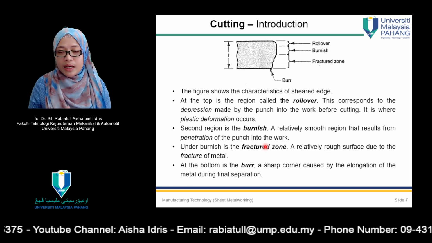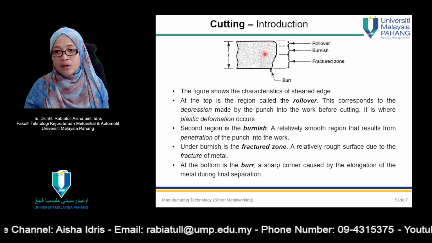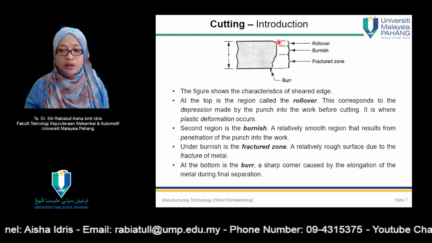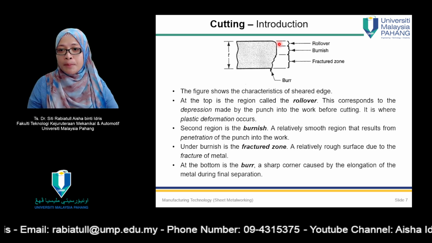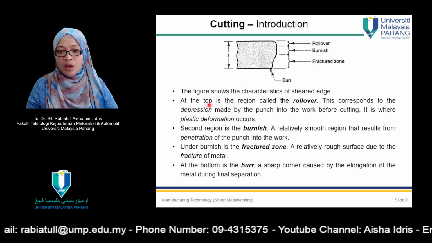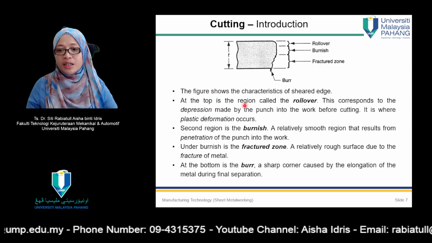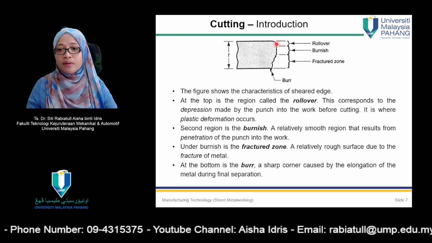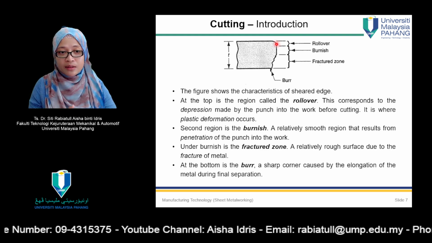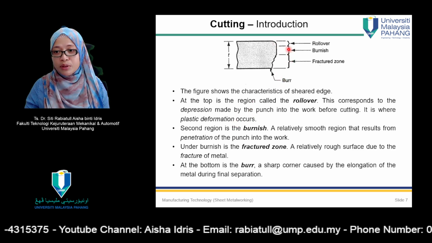In cutting operations, these are the things that you are going to see after cutting. Number one is rollover. Rollover is where plastic deformation occurs at the first point where the sheet metal is cut. Number two is the region called burnishing.